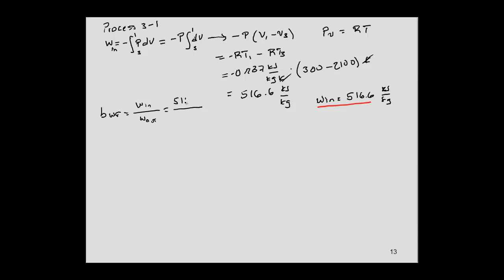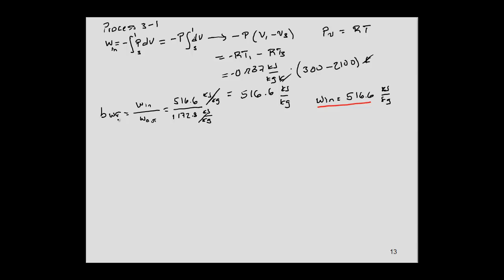So this will be 500.16 kilojoules per kilogram divided by 1172.8 kilojoules per kilogram. So these units cancel.